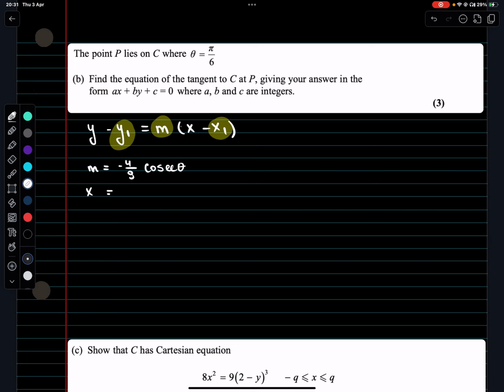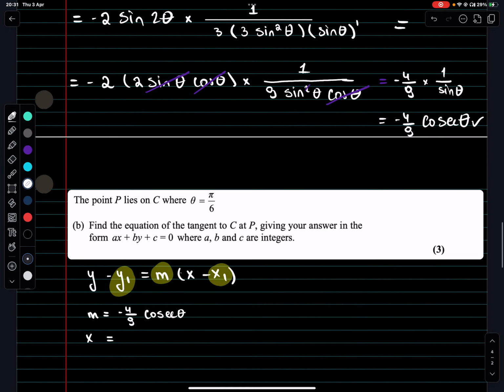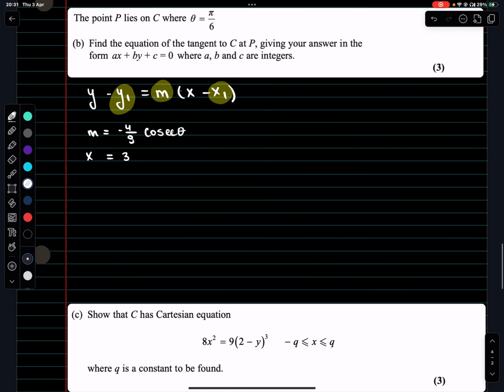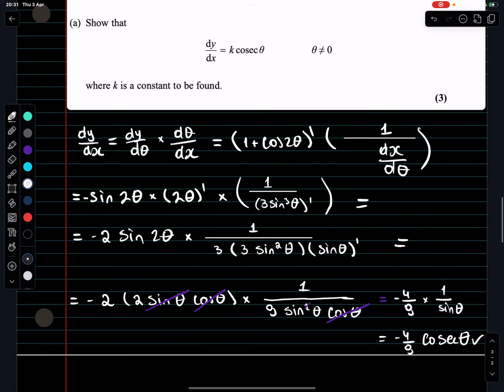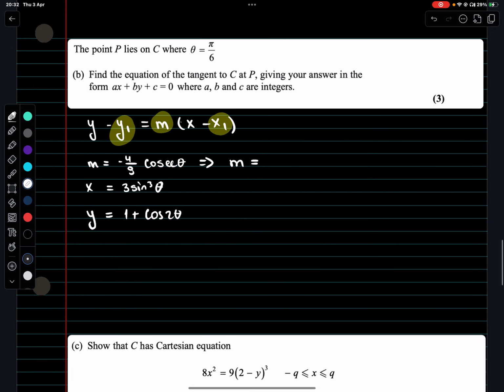They say x is 3 sine cubed theta, and y is 1 plus cosine 2 theta. So all I have to do is calculate this gradient at pi over 6, because they want us to find the tangent line at the point where theta is pi over 6.